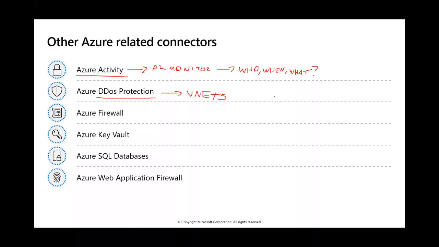So let's say that I have a virtual machine that I just call virtual machine number one. And this virtual machine has a public IP address. Through this public IP address, I can access it from the external.